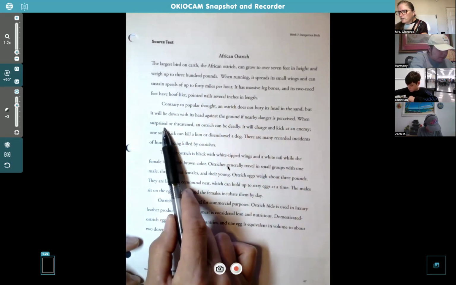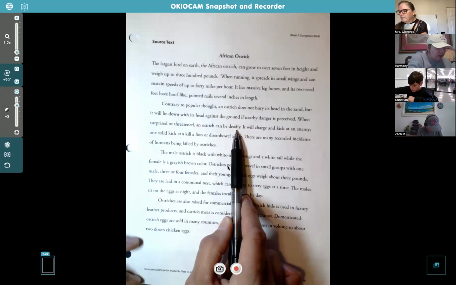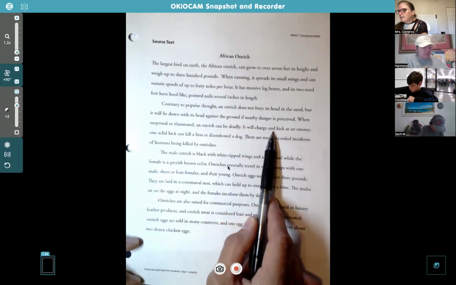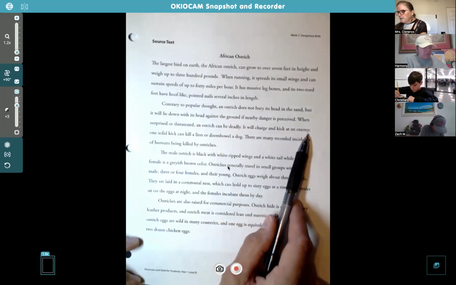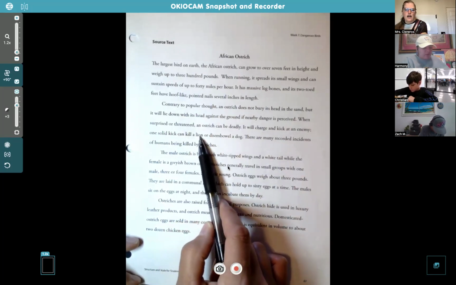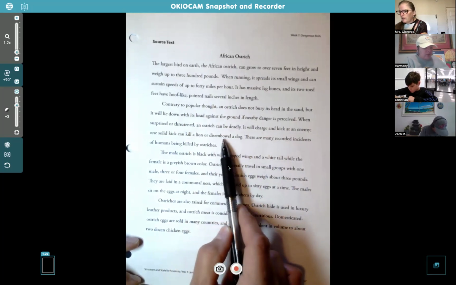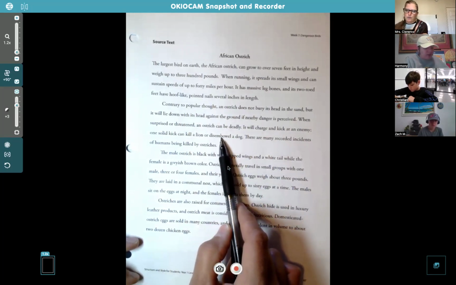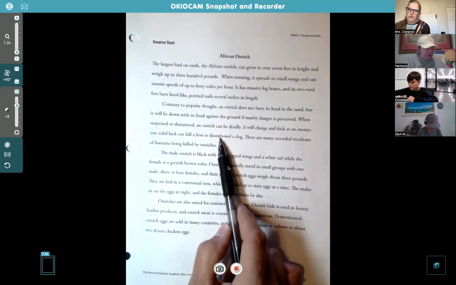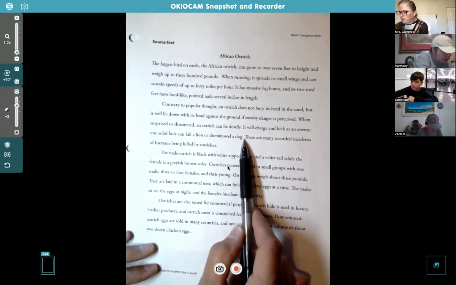When surprised or threatened, an ostrich can be deadly. It will charge and kick at an enemy. One solid kick can kill a lion or disembowel a dog. By the way, that word disembowel is kind of sad, but it means when the guts come out, okay? So they're pretty vicious birds.